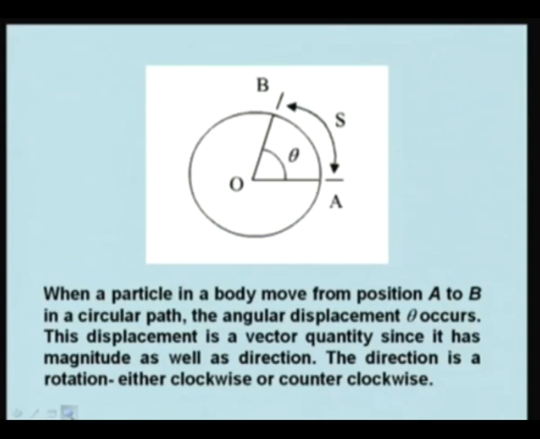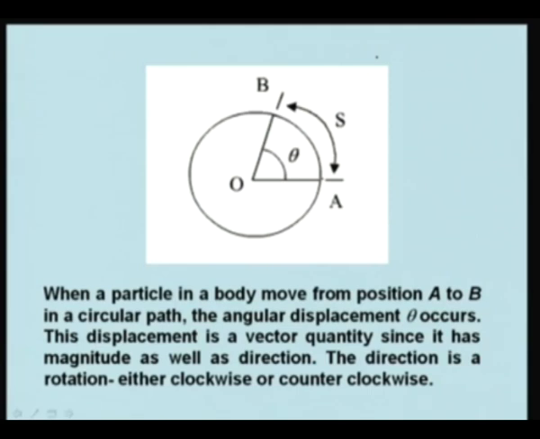When a particle in a body moves from position A to B in a circular path like this, the angular displacement theta occurs. This displacement is a vector quantity since it has magnitude as well as direction.